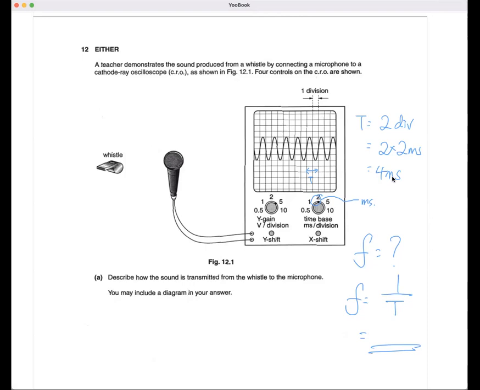Incorrect, yeah. You must change this to seconds. So this will be 0.004 seconds.